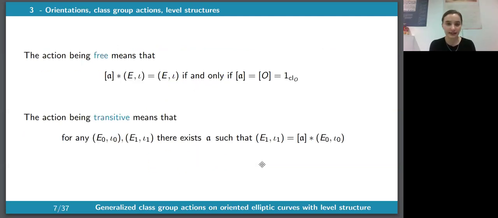Now, I've said that the class group of O acts freely and transitively on L_K(O). The action being free means that a curve, an element of L_K(O), is sent to itself if and only if the ideal class that we are using for the action is the trivial element of the class group of O. While the action being transitive means that for any two elements of L_K(O), we can find an ideal class that sends one into the other.